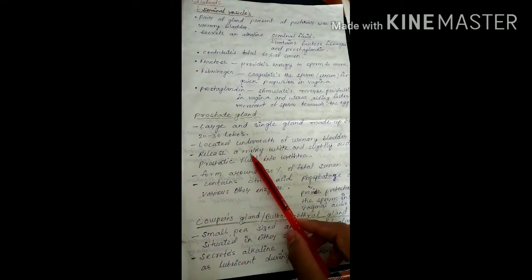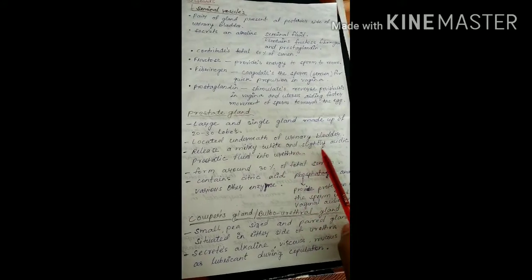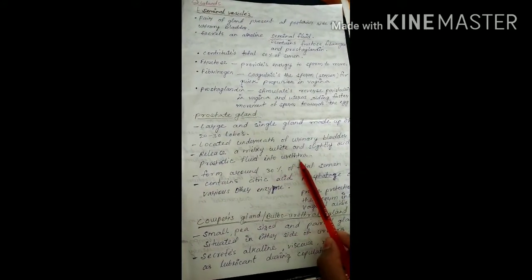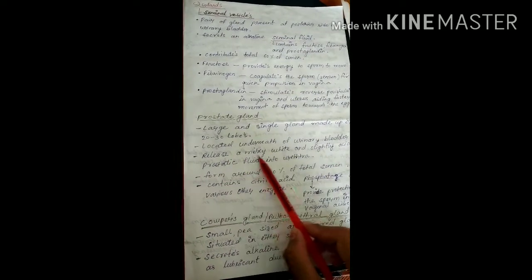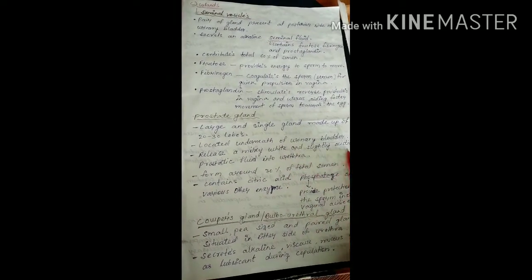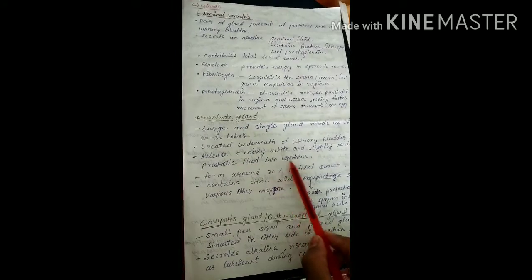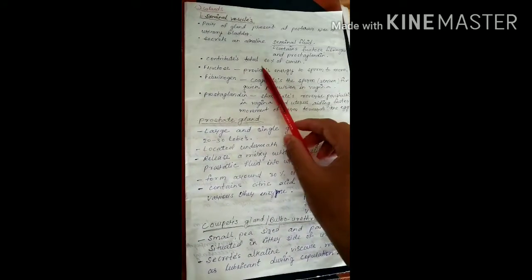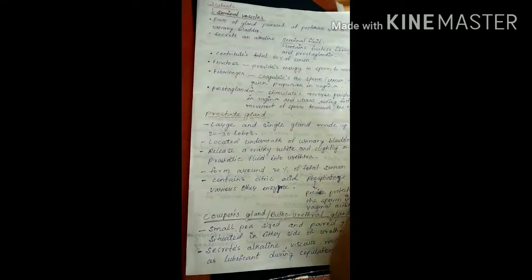Then it releases a milky white and slightly acidic prostatic fluid into the urethra. So the seminal vesicle contributes 60% of semen.